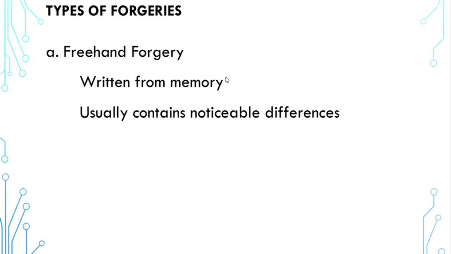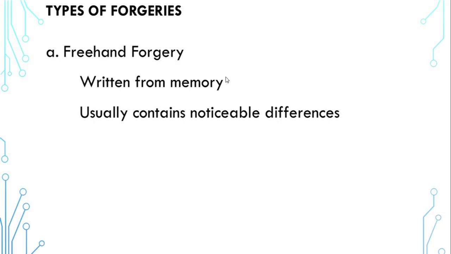Types of forgeries. The first one is freehand forgery. Freehand forgery is when the writer writes directly from his memory. In freehand forgery, the writer probably has never seen either the handwritten signature or the writing of that person, or he has seen it but cannot remember it again.